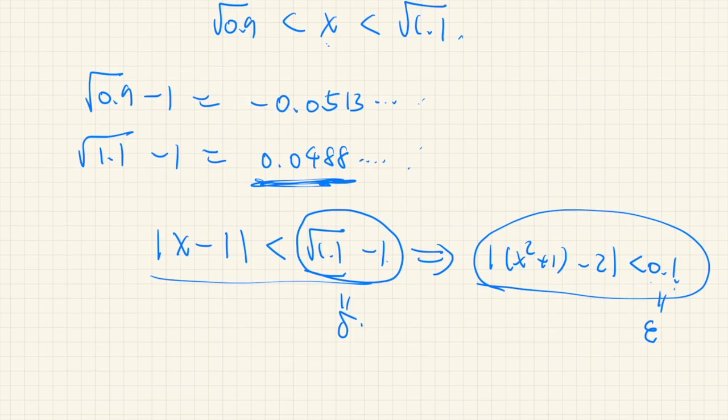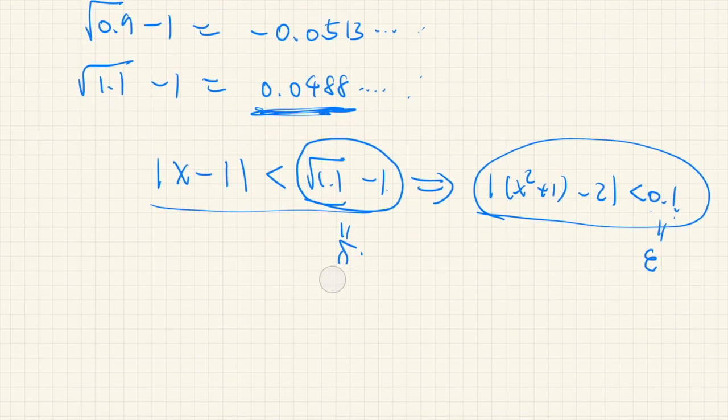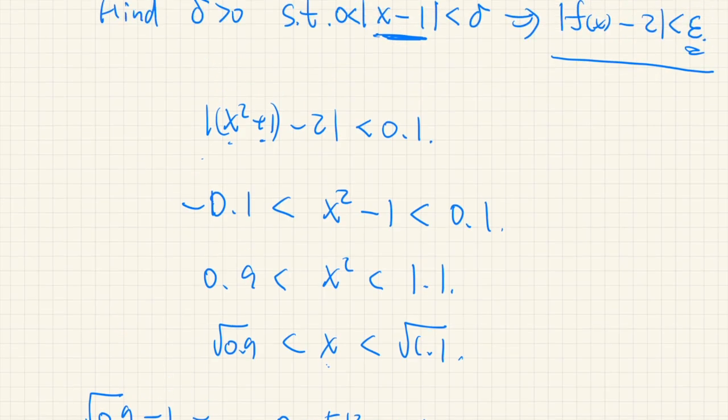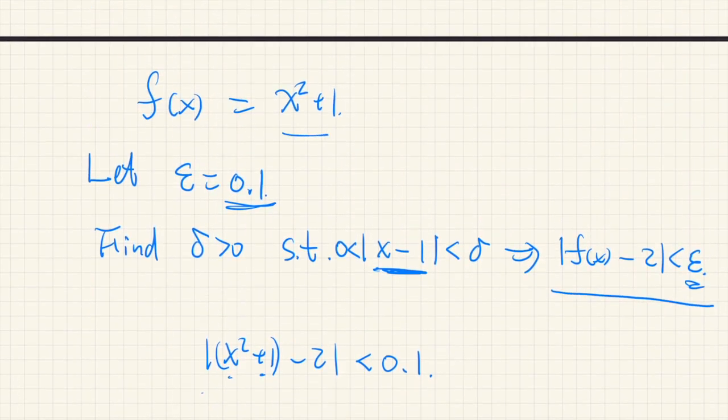In this way, we can always find some delta for any positive epsilon. Say if we set epsilon equals 0.01, then we can find some appropriate delta accordingly. And this happens for any epsilon, as long as it's positive. So in this way, we can prove that the limit of this function as x goes to 1 is 2.